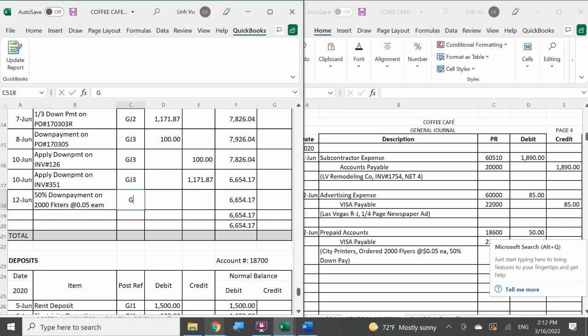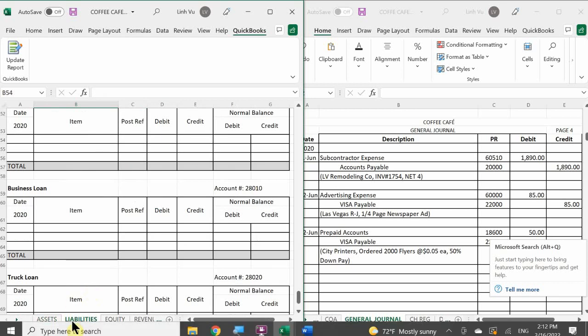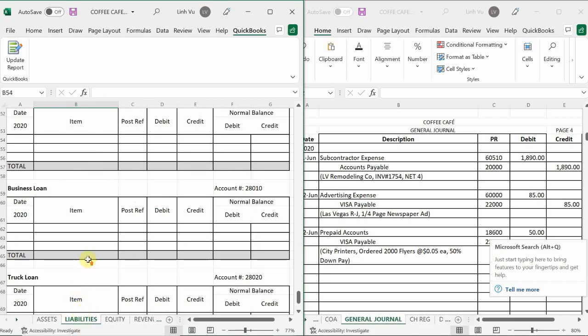General Journal number 4, and we got the down payment for $50. So therefore, I'm going to increase my prepaid accounts to $6,704.17. And of course, we finally have our second transaction in our liabilities.